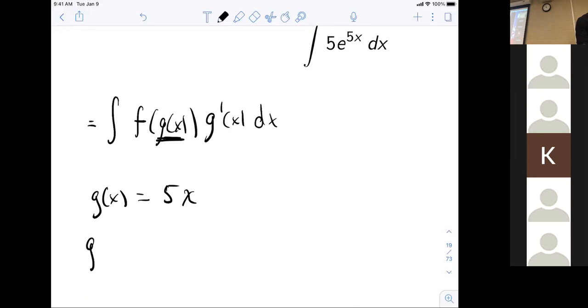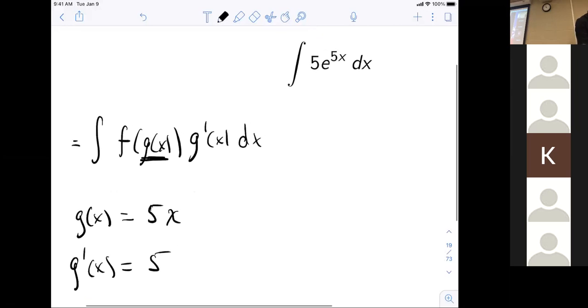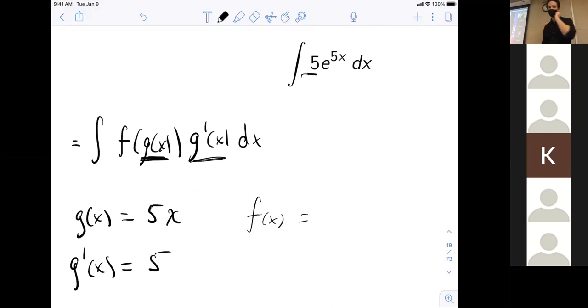What is g prime of x then? Yeah, g prime of x is just 5, right? Well, I have a 5 there, so that matches up with this. So then what does f of x have to be? E to the x. E to the x, very good. Okay.